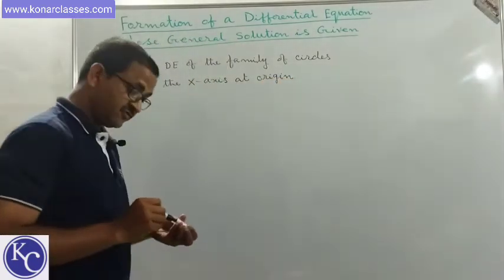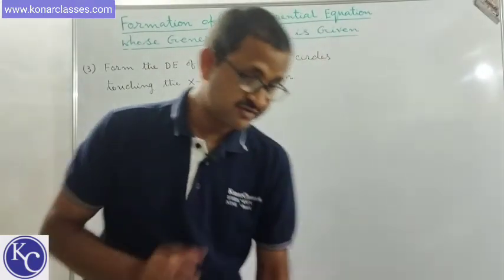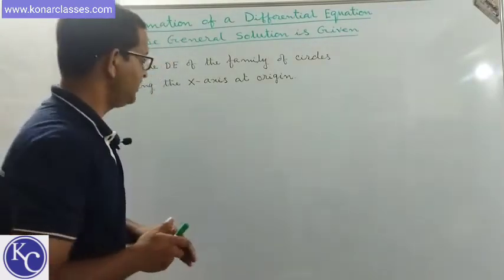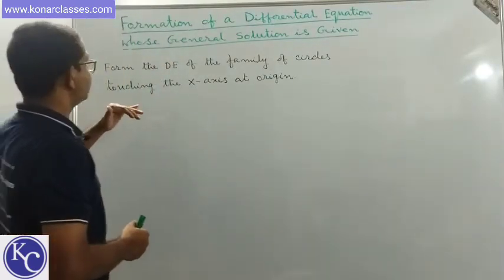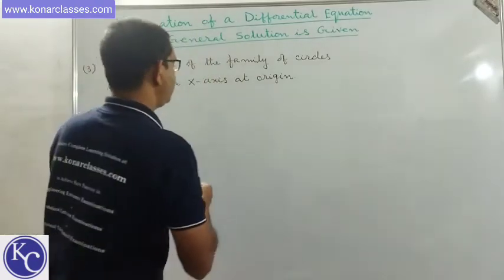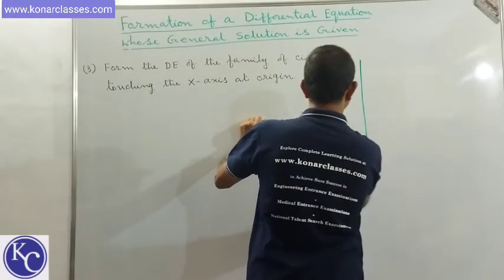So dear students, first and foremost, as I said in the previous case also, we need to first represent what type of curves it will be. It is a circle, but the circle is touching the x-axis at the origin. So how will it look? Let us draw the coordinate axes first.